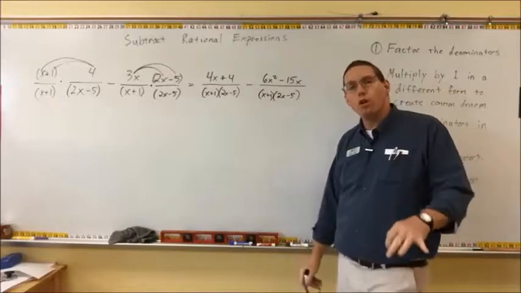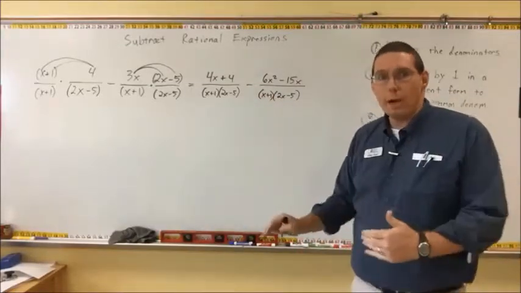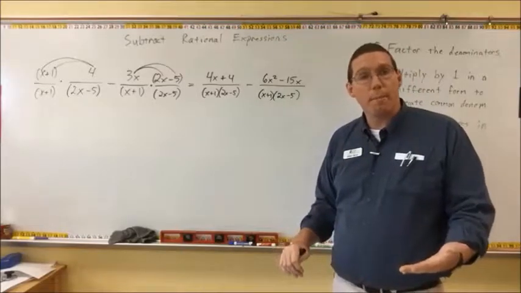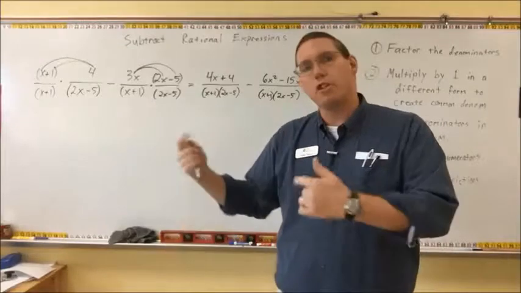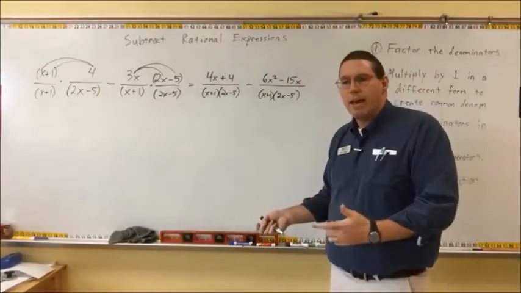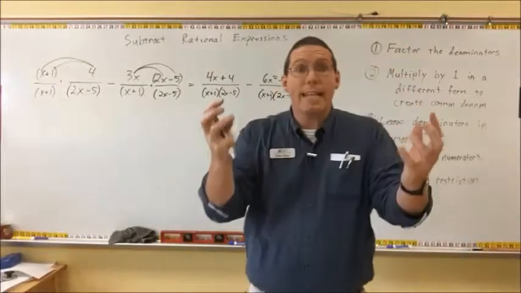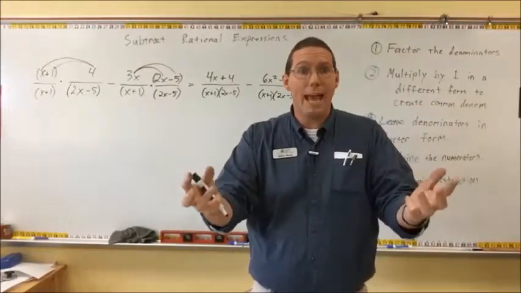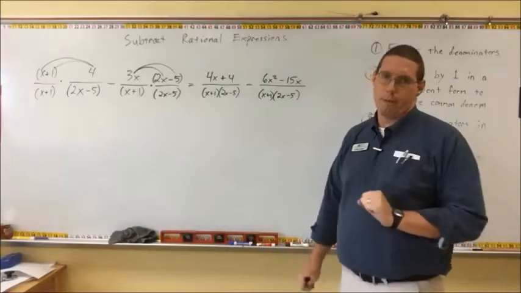I'm going to warn you not to distribute the negative right away, because a lot of people will distribute the negative and then change the sign. They say, well, I'm supposed to distribute the negative, and then they say, oh, aren't I supposed to change the signs? You already did. You already changed the signs. Don't do it again. So figure out a way that works for you. This is the way that works for me.